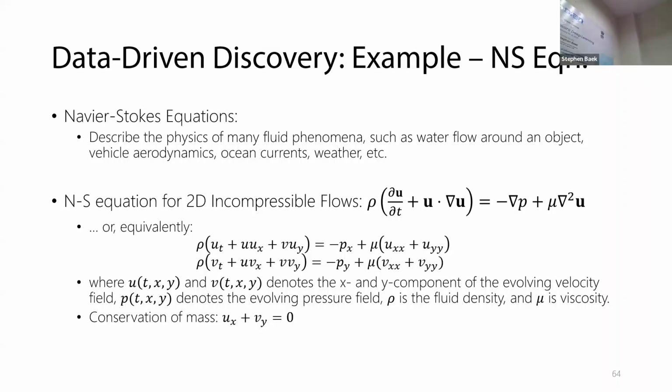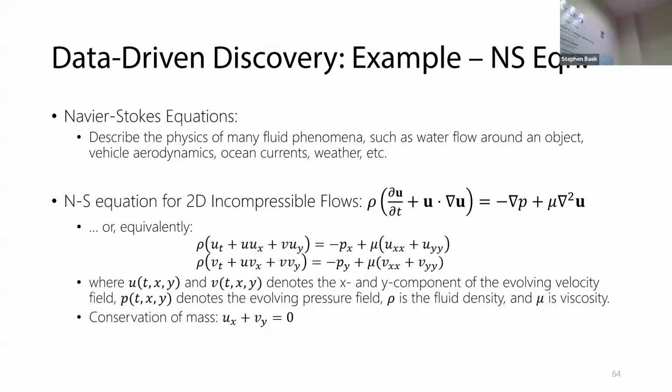PINNs obviously have evolved. The original formulation of Raissi et al. may not be useful for solving complex problems like Navier-Stokes, but there are other variants of PINN that might actually be practical in this case. But again, for the purpose of this class, we're going to stick to the original formulation of Raissi et al.